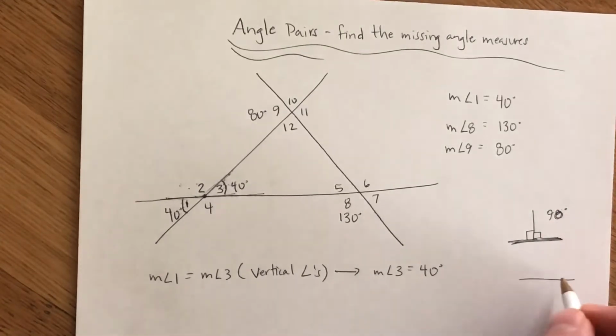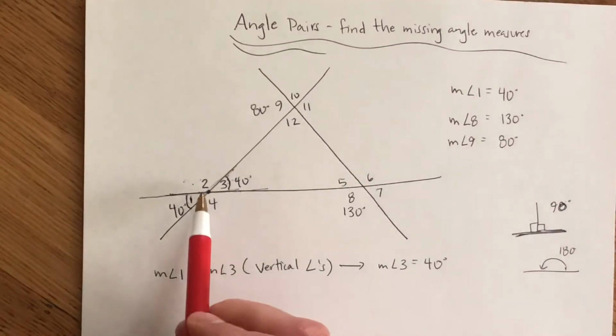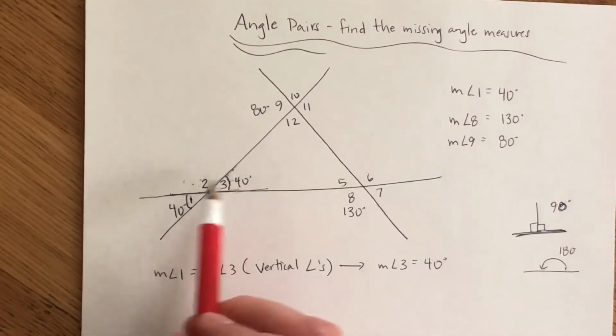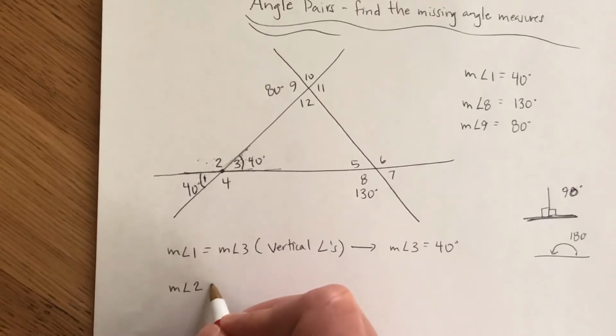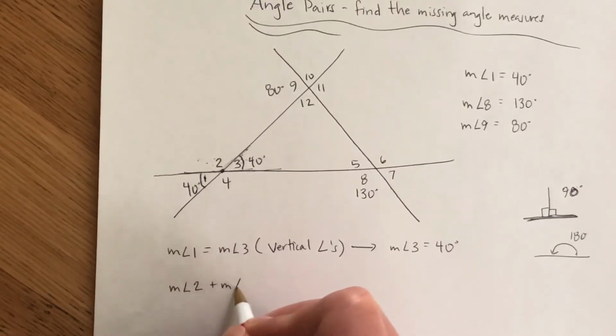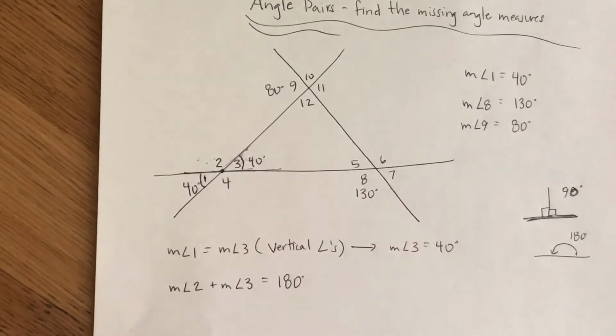So collectively, anytime you have a straight line or segment, it's going to be 180 degrees. So going back to here, angle 2 and angle 3 added together have to add up to 180 degrees. So the measure of angle 2 plus the measure of angle 3 has to add up to 180 degrees.